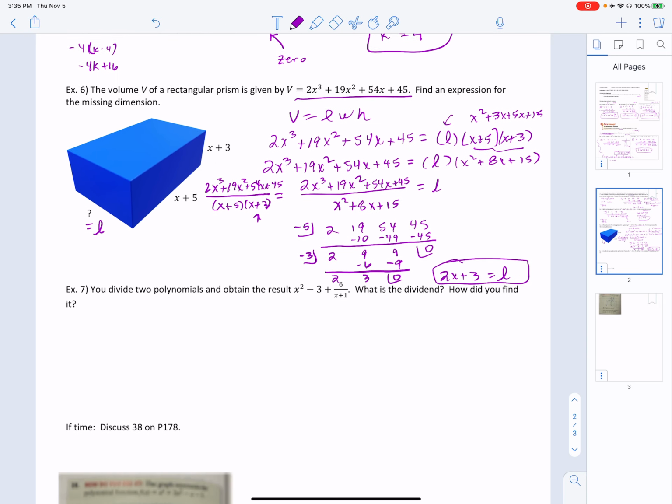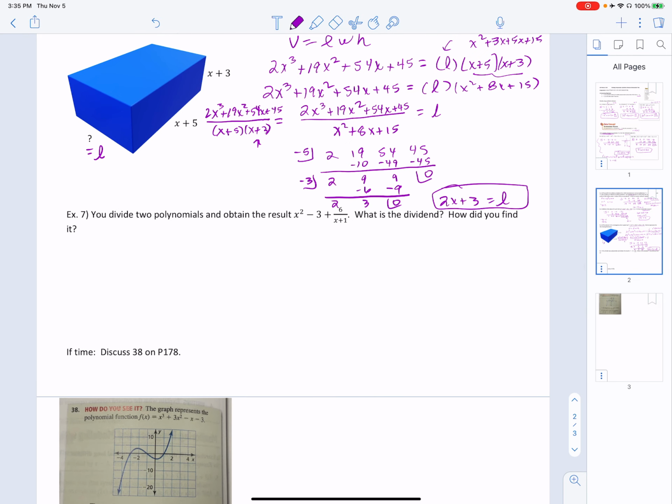Example 7. When you divide two polynomials and this is the result, what was the dividend? And remember, you've got your divisor. The dividend is what goes underneath. And then as you solve, you get your remainder. And up here is the quotient.